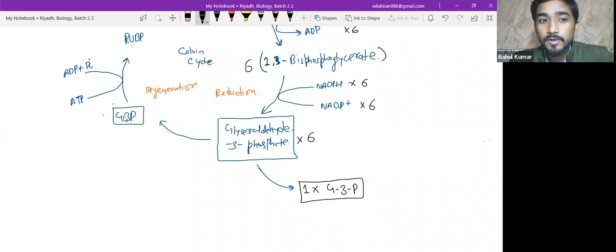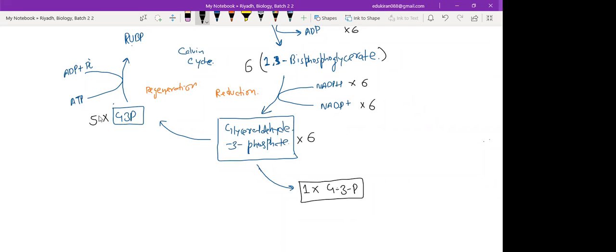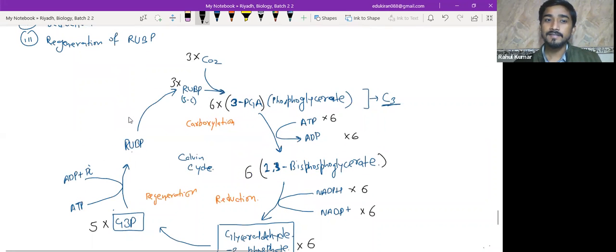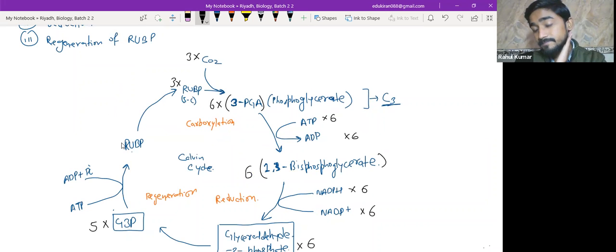Which means how many molecules of G3P are left? 5. Right? So 5 molecules of G3P go back for regeneration, because 5 molecules of G3P means how many carbons? 15. And how many carbons are there in one RuBP? 5.